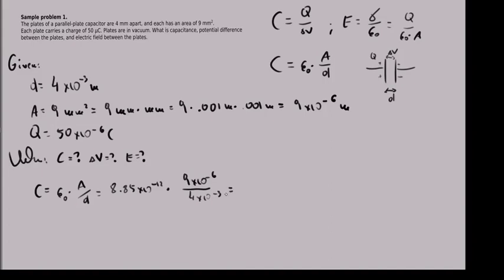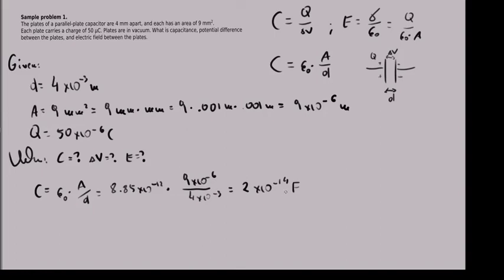All right, so let's calculate this, see what we get. So what we get for this is 1.99, so basically 2 times 10 to the minus 14th farads. This is the capacitance of the capacitor.